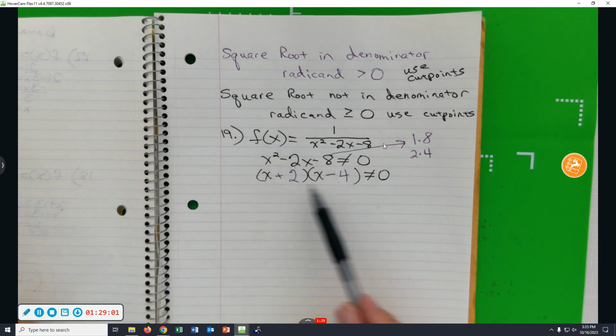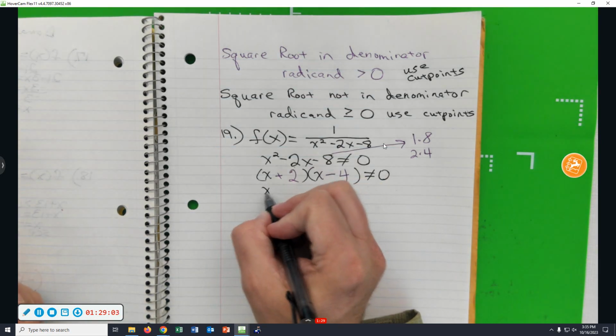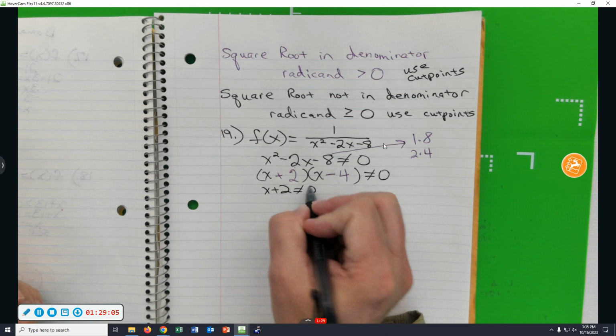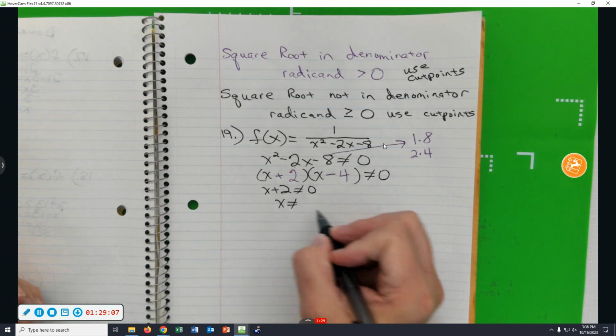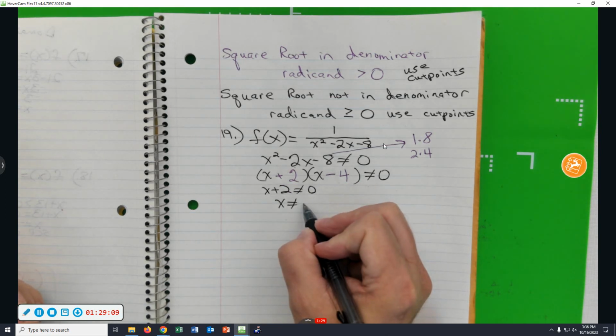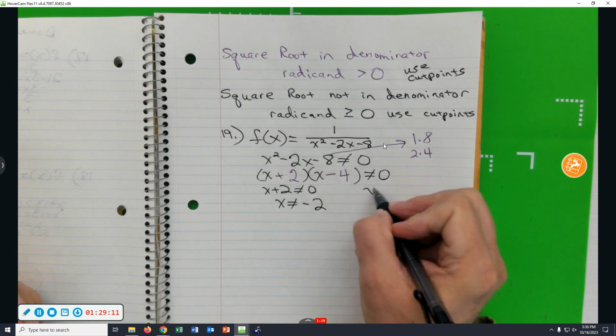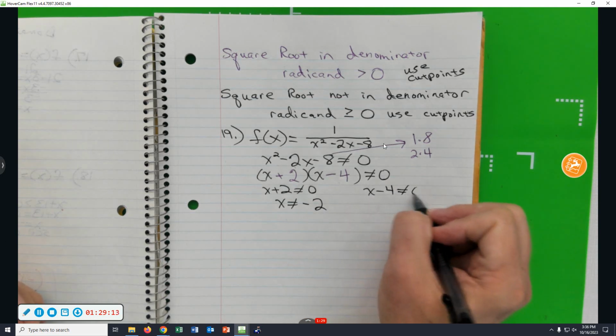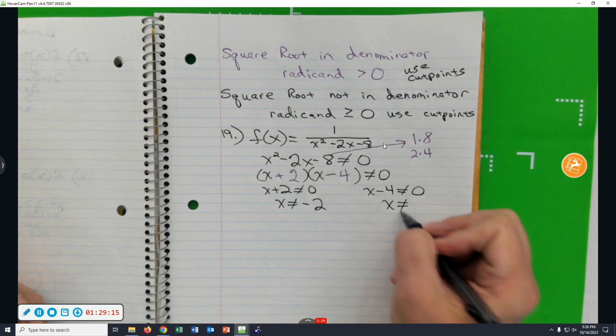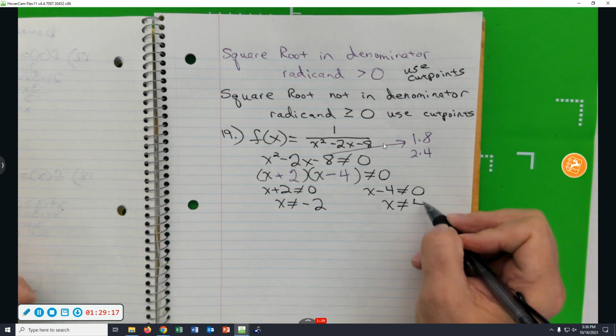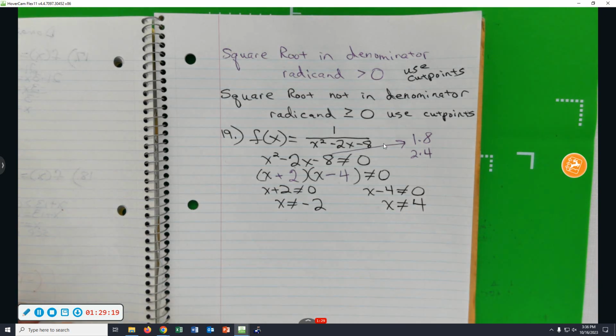So set both factors not equal to 0 to give us x cannot equal negative 2 or x cannot equal positive 4. So what numbers can you plug in for x?